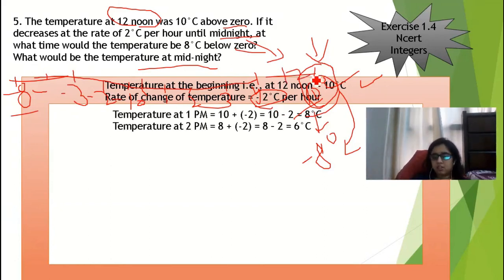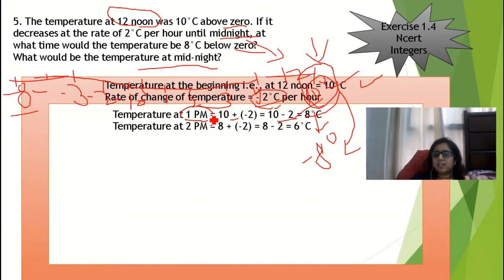Here the temperature at 2 pm is 10 degrees Celsius. So the temperature at 1 pm would be 10 plus minus 2. Why have I added this number? Although it is decreasing, I have to subtract this, but I have already taken this 2 as negative, so I have to add this so that this plus and this minus will become minus, or I will subtract minus 2 from this 10.